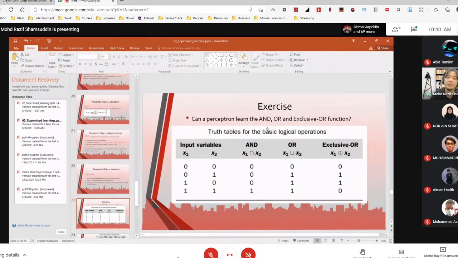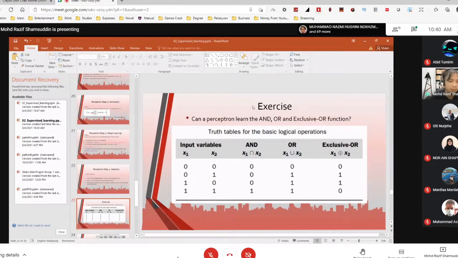Group B and C just did AND, then you did the OR exercise, right? Did I tell you to do the OR operation? Yes. Have you done it? Yes. How many epochs did you get? I got 4. Okay, if you got 4 epochs, then you are doing it right. The answer has 4 epochs.